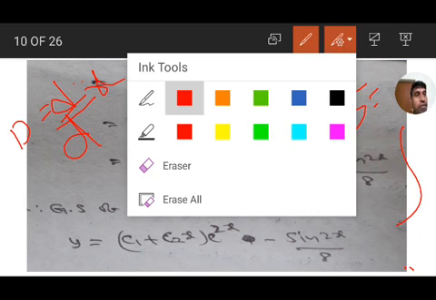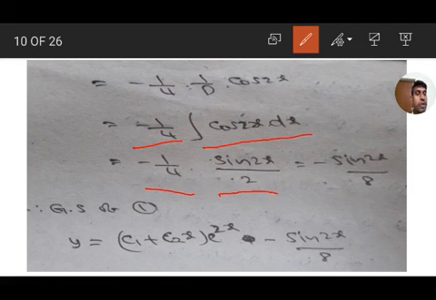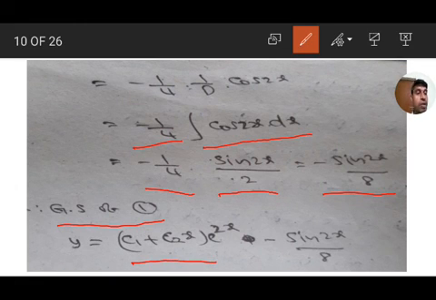So we get −1/4 times the integral of cos 2x dx, that is −1/4 times sin 2x / 2, which equals −sin 2x / 8. Therefore the general solution of equation 1 is complementary function plus particular integral, y = (c1 + c2x) e^(2x) − sin 2x / 8.